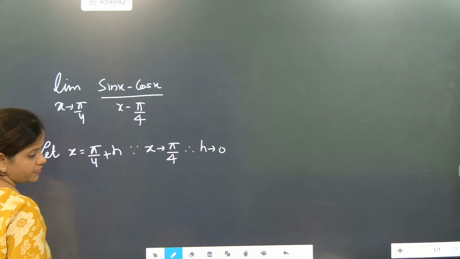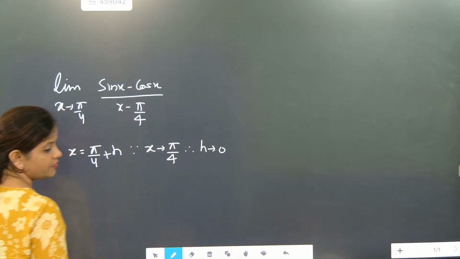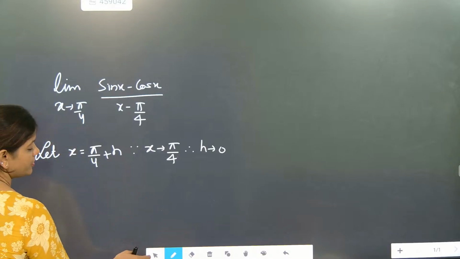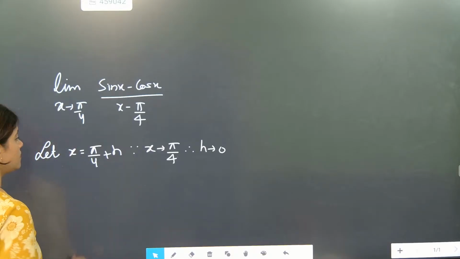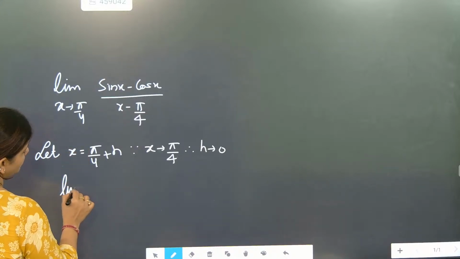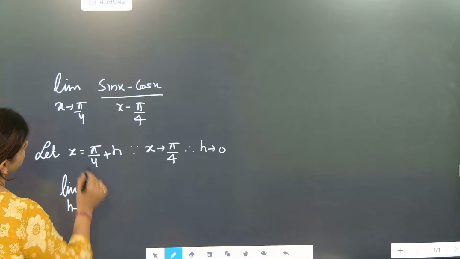See, the value of pi can be 22 by 7 or 3.14 and so on, so the pi value will be totally dependent upon the scale you are taking. So now we will be going for limit h tends to 0.